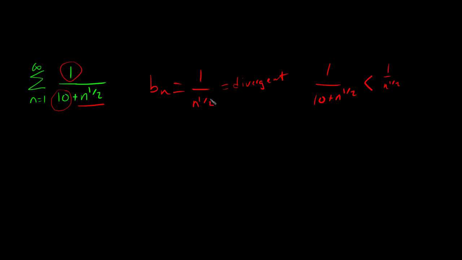So what this means is that we can't use this b sub n. From this point you might get a little bit confused, like, hey, what? Okay, so we can't use this. Well, I don't see any other limit at infinity that would model this sort of thing.